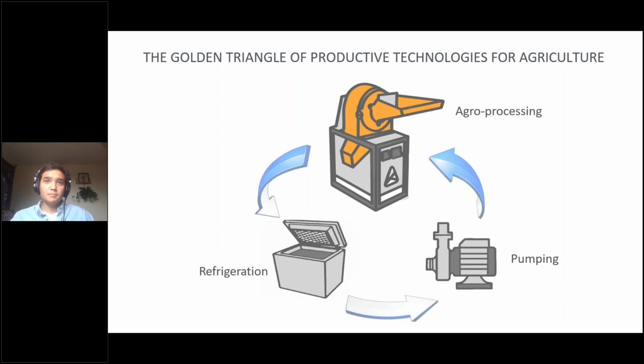Agsol's focus is primarily on agro-processing, but we very much see our product as a tool that's part of a broader toolkit with other appliances like refrigeration, that can provide greater, more holistic solutions to people living in off-grid areas. Next slide, please. Thanks, Sean.